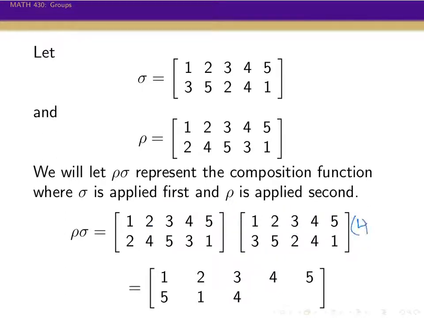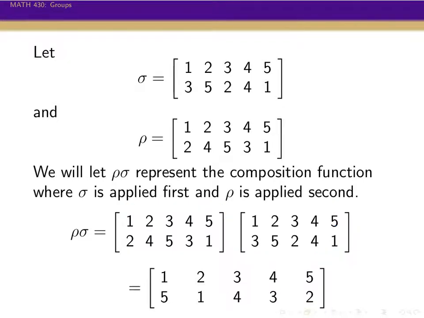4, remember sigma fixes 4, so sigma 4 is equal to 4. And then when we plug 4 into rho, 4 gets sent to 3. So 4 goes to 3. And last but not least, 5 gets sent to 1, and 1 ends up at 2.